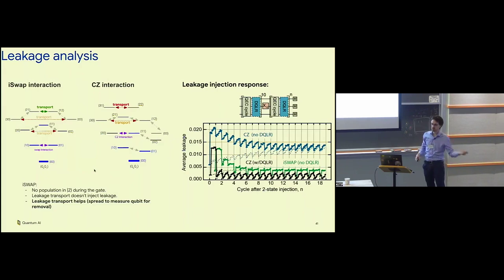If you use DQLR, it shoots up in the first cycle, this is black, but then after one cycle, there is almost no leakage. And with the I-swap, you get rid of it fairly quickly, but not in one cycle. In injection, there is still a bit of transport of leakage that appears, similar to walking, and this is what creates this tail. However, the leakage generation is way lower than with CZ.